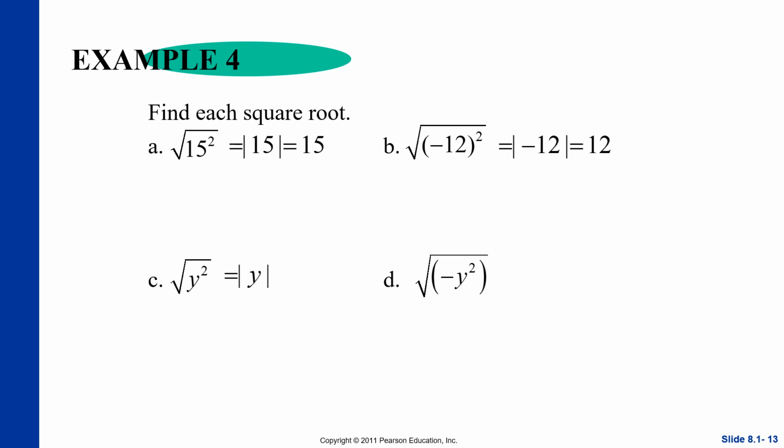The reason being is that we don't know whether y is positive or negative. So whatever's plugged in, if it's negative, we get the positive value. And the square root of (-y) squared would be equal to the absolute value of -y, which is equal to the absolute value of y.